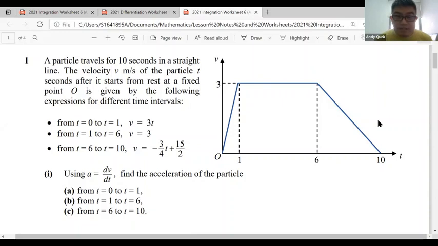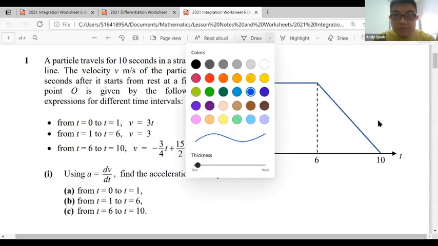Originally, when I set this question, I thought to ask you to derive them. So if the velocities have not been given, by right, you should still be able to derive each of the three functions.